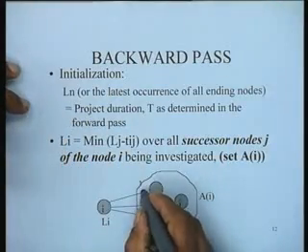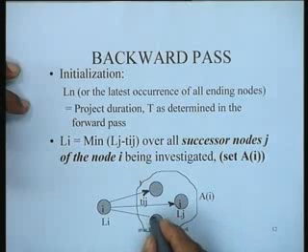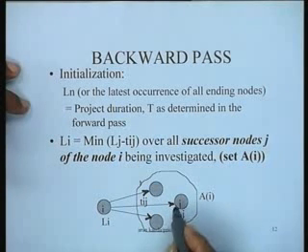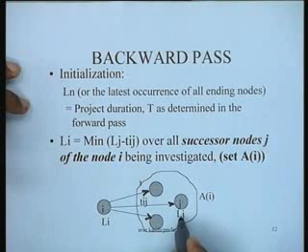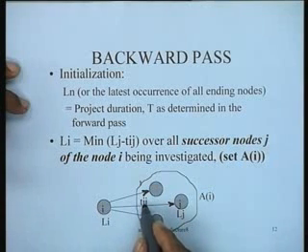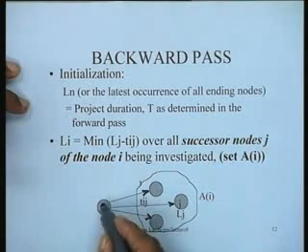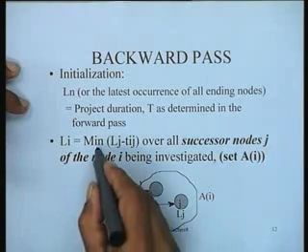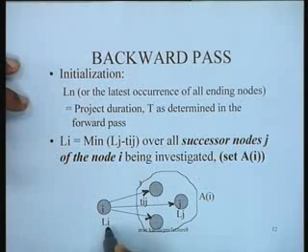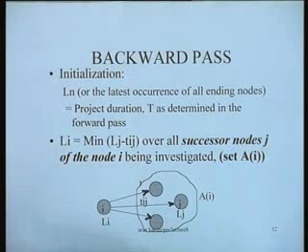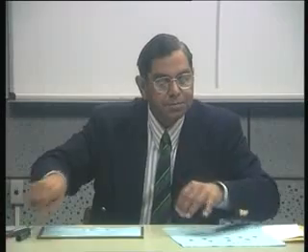Successors would mean that they would be directed like this. I take a particular node whose latest time I know. So Lj minus Tij, I would compute this for each of these successors and take the minimum of that, and that would give me the Li value for this node. So this in essence is what we mean by a backward pass.